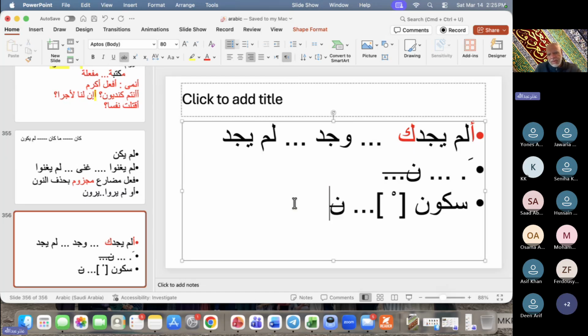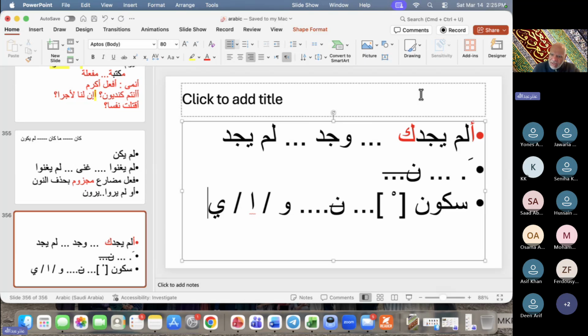So dropping the noon can be another marker of مجزوم. But there is a third marker, which is dropping حرف العلة. So حرف العلة is the واو or alif or the ya. So if the verb has got one of these, especially at the end, this will be dropped. So we'll give examples for the three of these, inshallah.